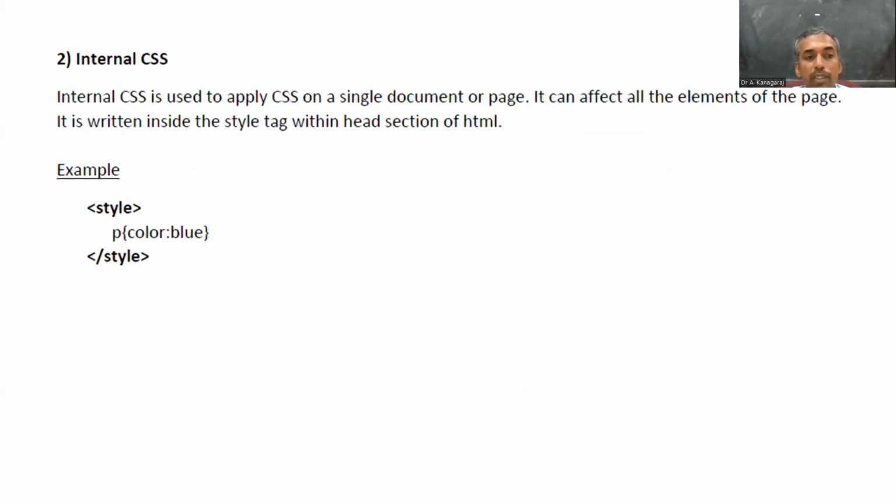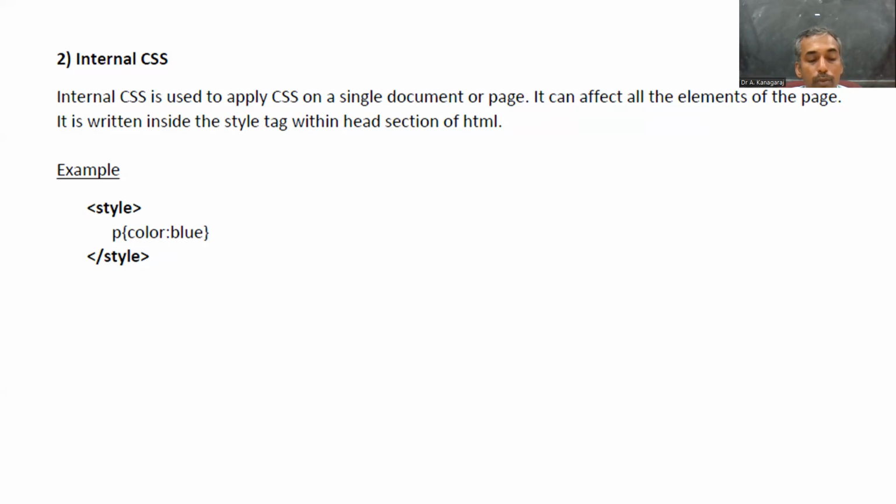Next, the second method is internal CSS. Internal CSS means commonly applying for a single document or single page. See, in this example, we have written CSS code inside the style tag: p within a brace, color: blue.